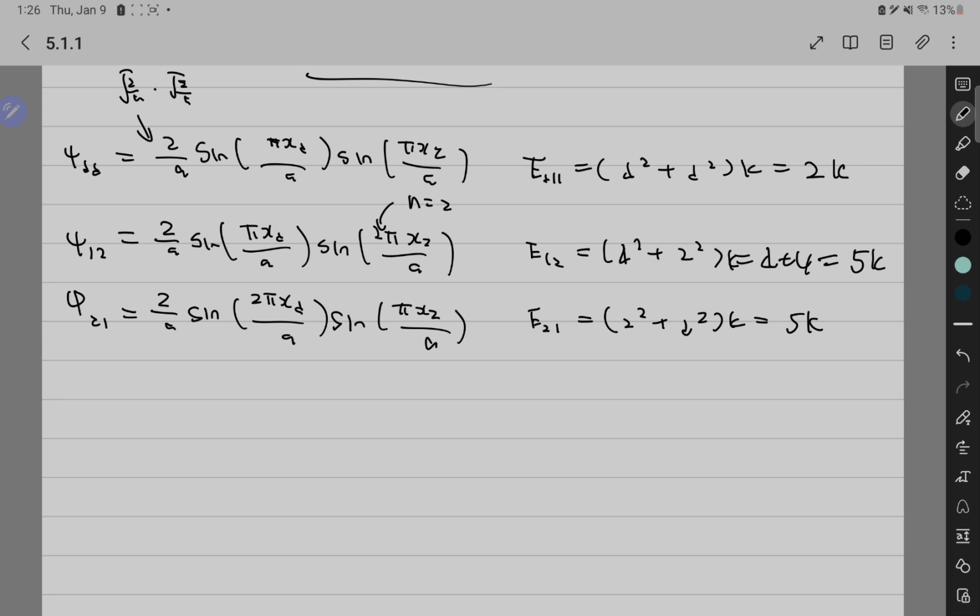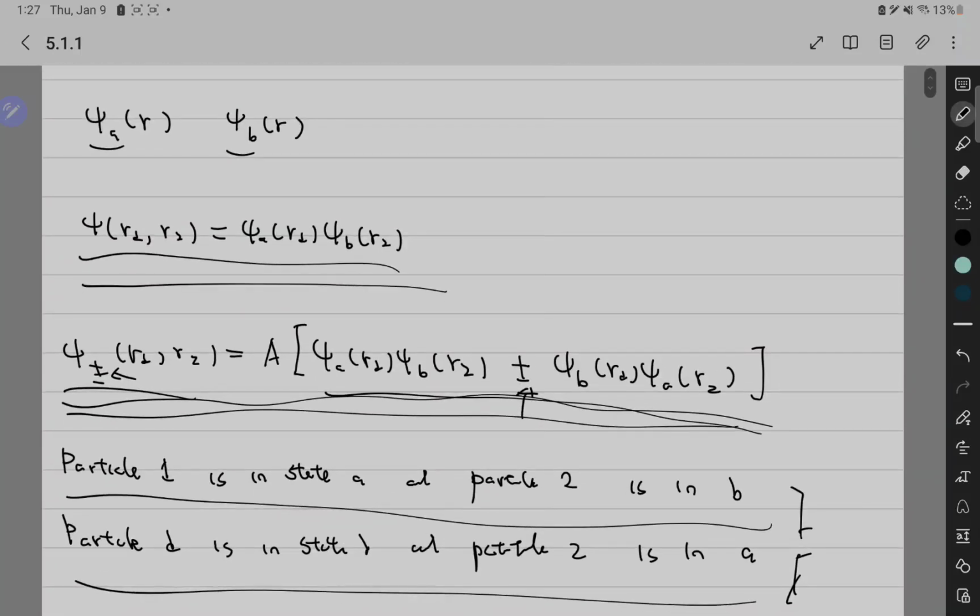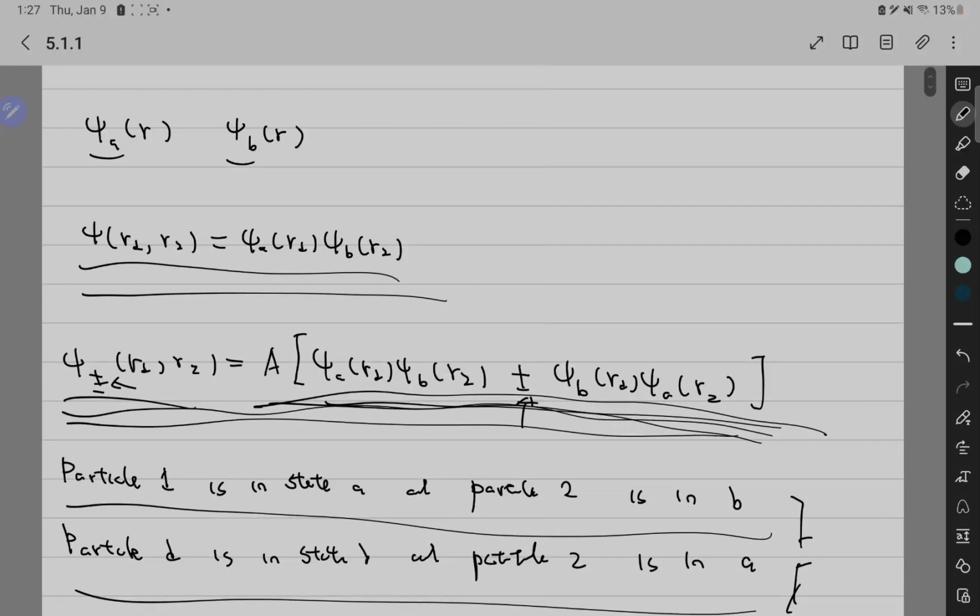So now let me ask you, if the two particles are identical bosons, what happens? Well, remember, if we look at the formula that we have all the way up here, our A in this case would be the square root of 2 over a.